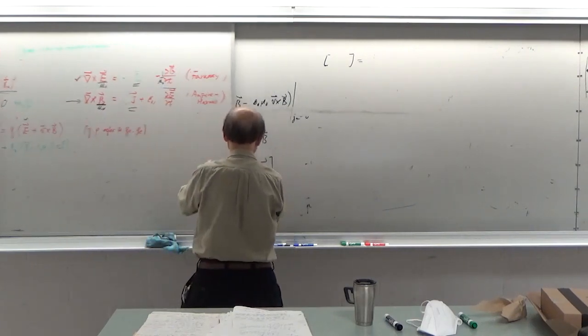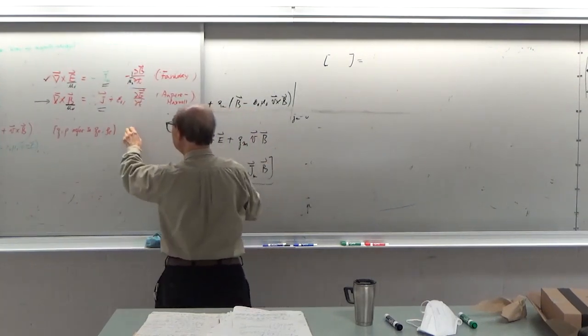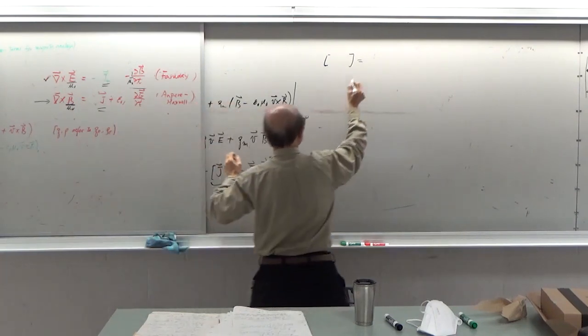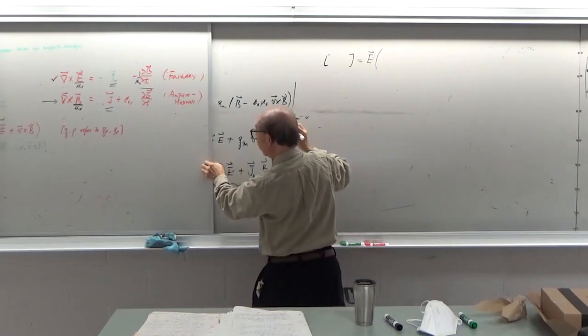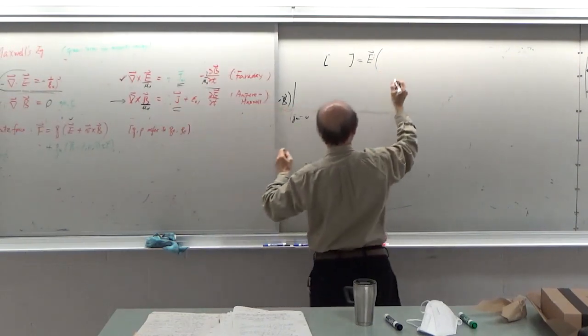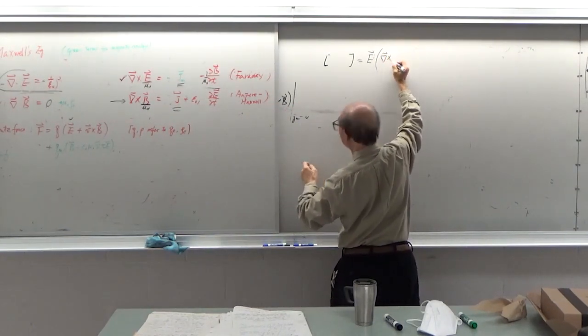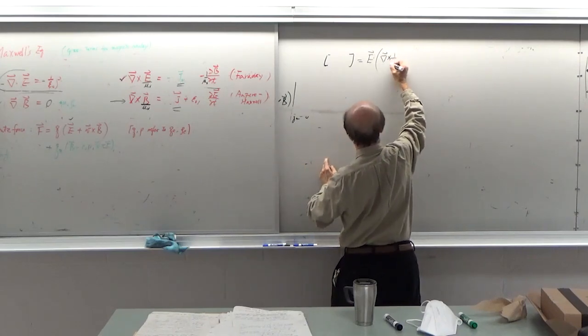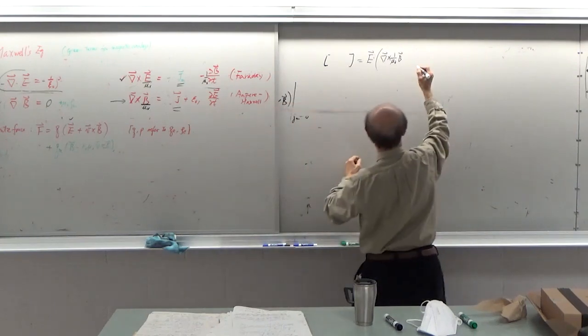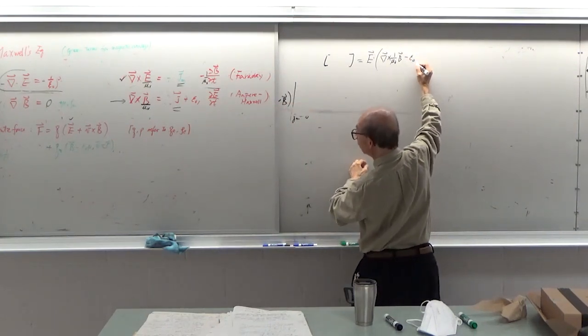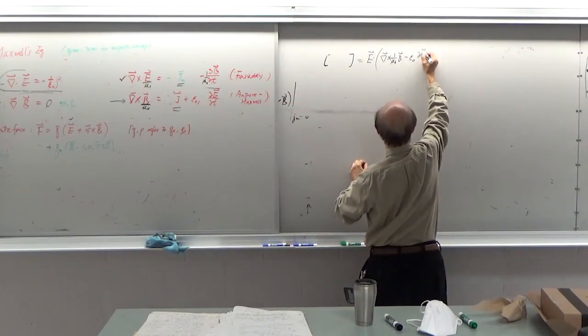So it's E dot the curl of 1 over mu naught B minus epsilon naught del E by del t.